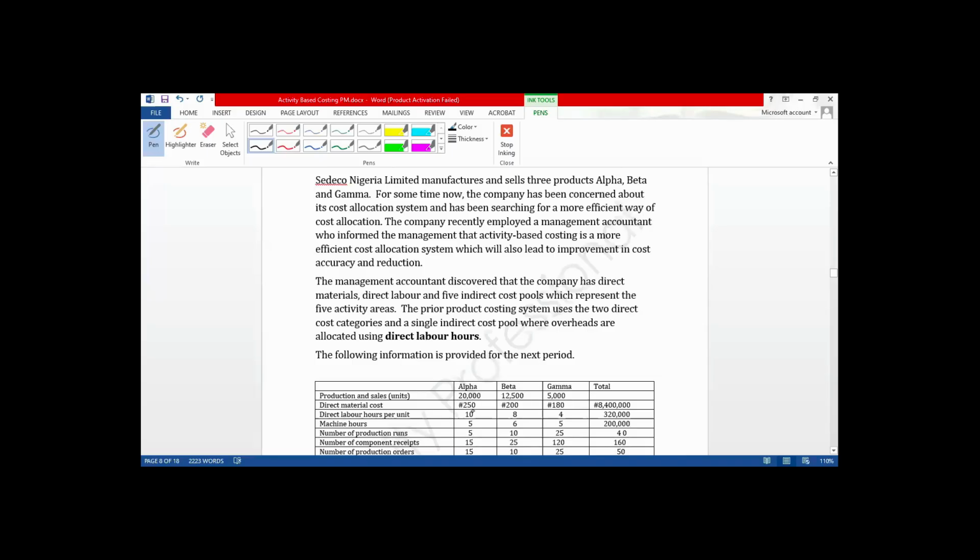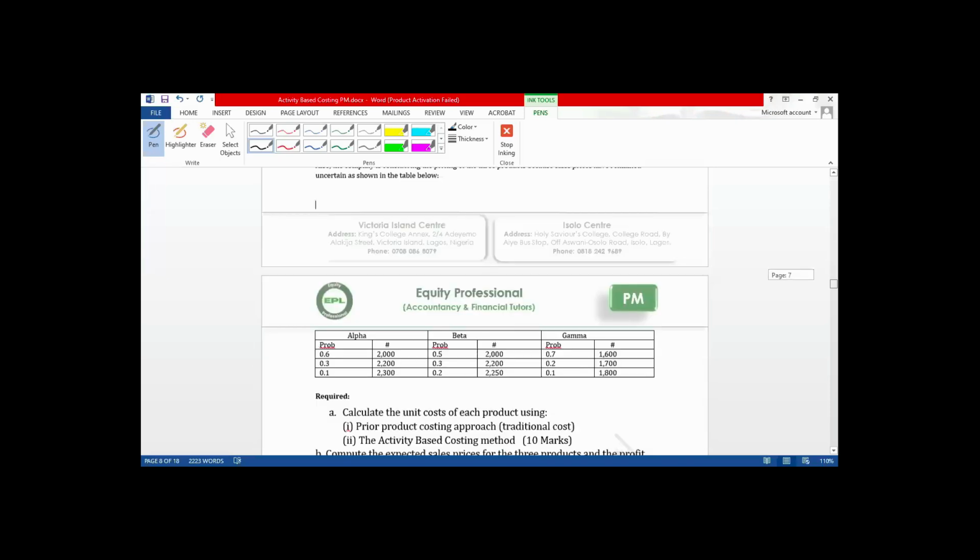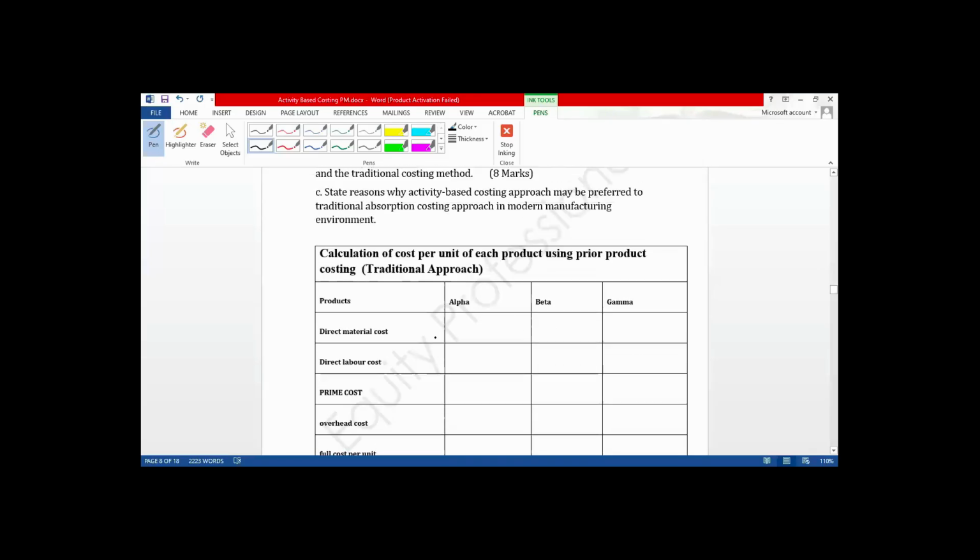Material cost per unit: 250 for Alpha, 200 for Beta, 180 for Gamma. Please pick this: 250 naira per unit, 200 naira per unit, 180 naira per unit.